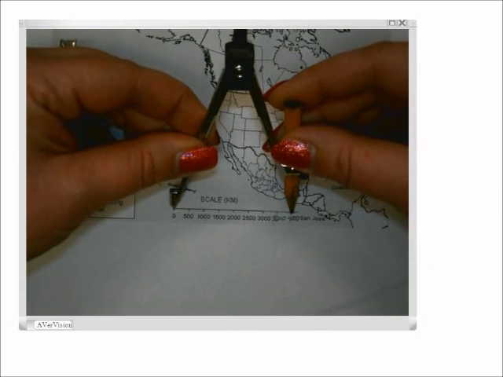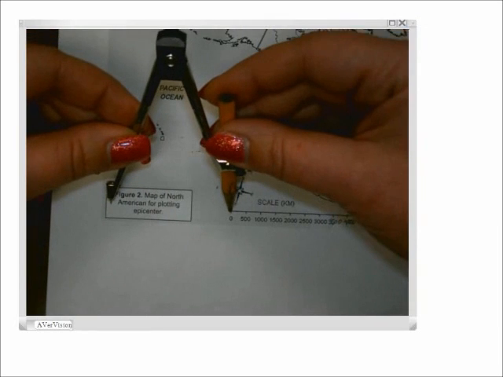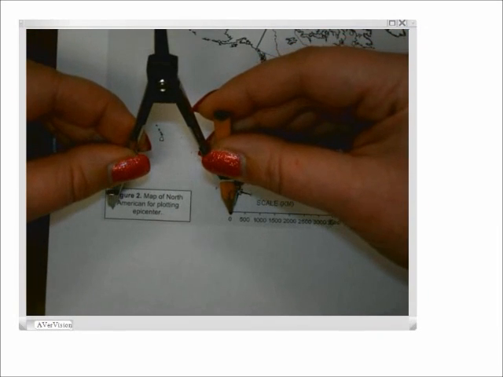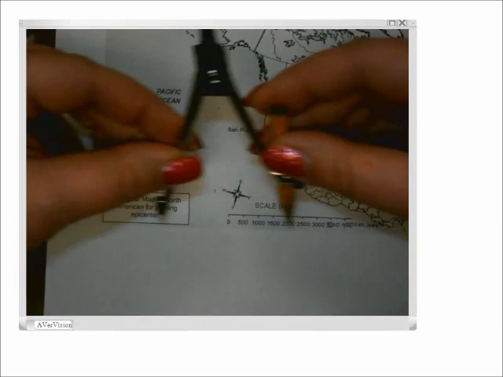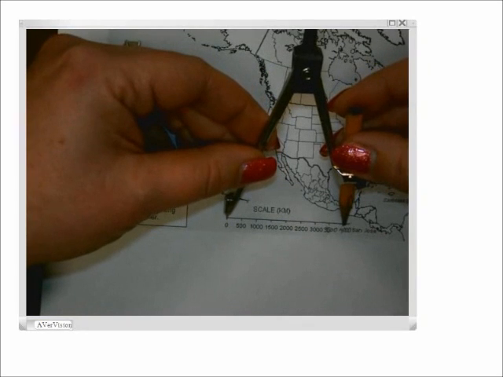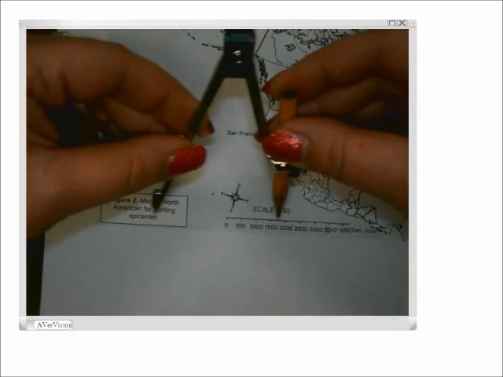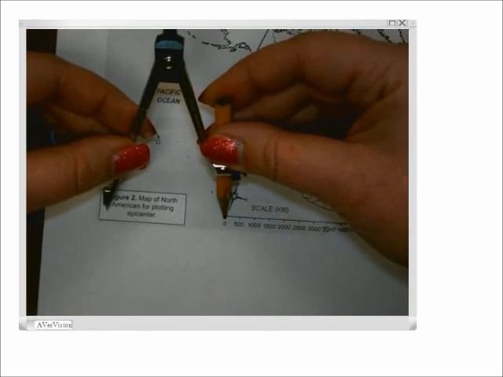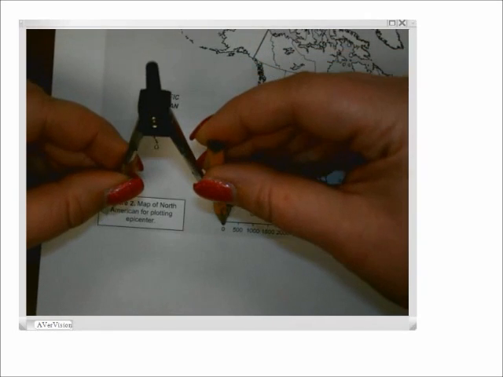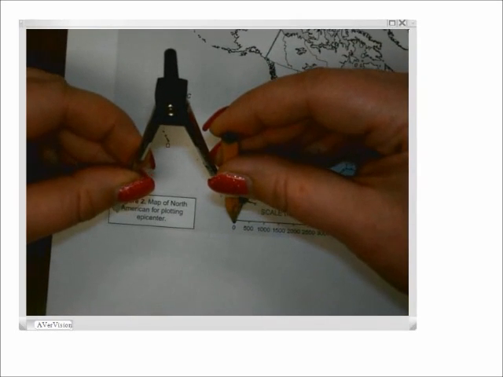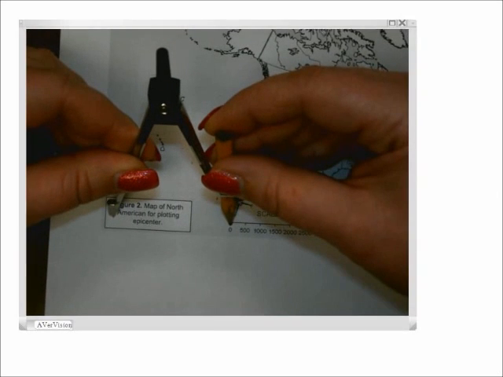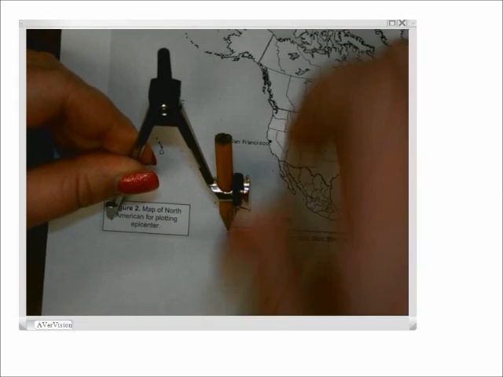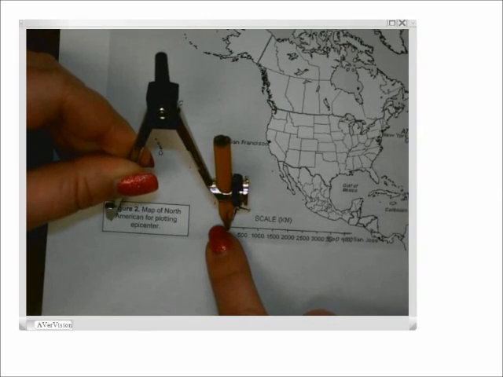So what we're going to do is move the tip of the pencil to 0 and the compass point wherever it ends up. Notice that when I moved it, I did not expand my compass at all. I just slid the pencil to 0, and I'm going to hold that compass point very steadily wherever it ended up. So now I have the distance here of 4,000 kilometers.